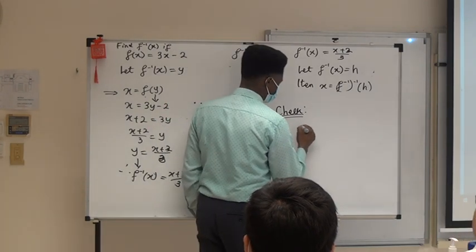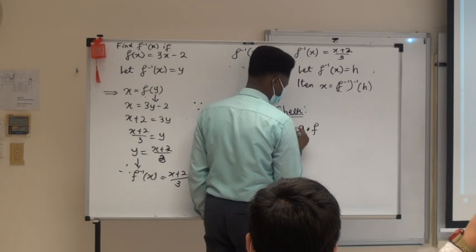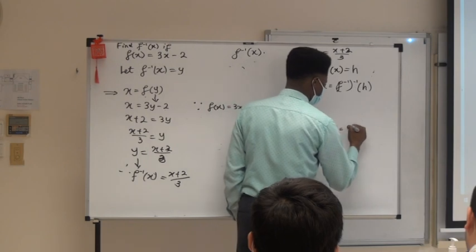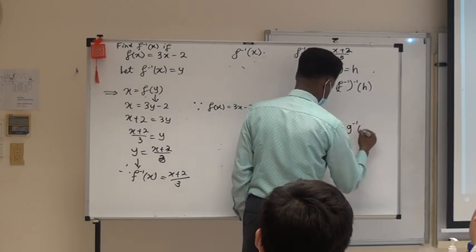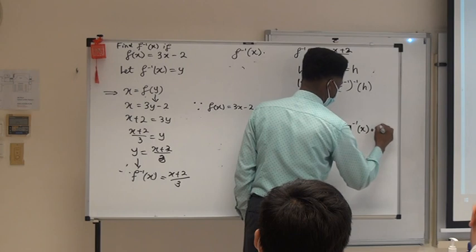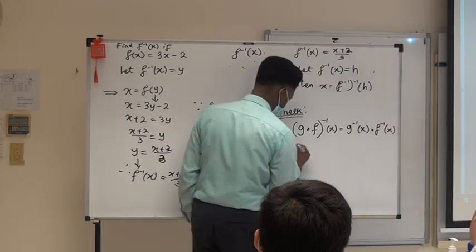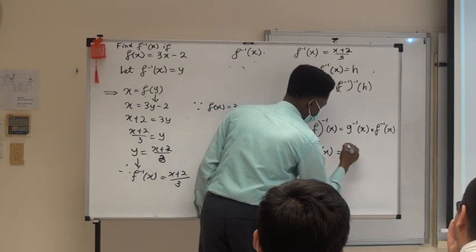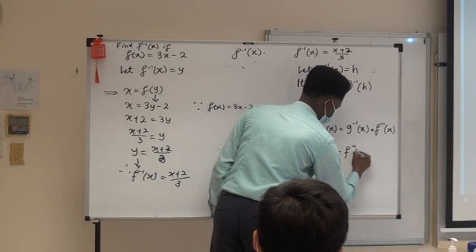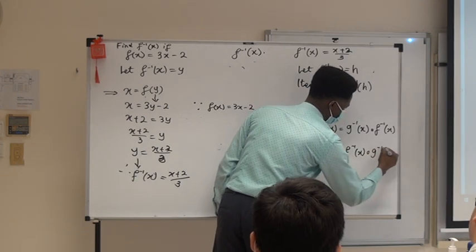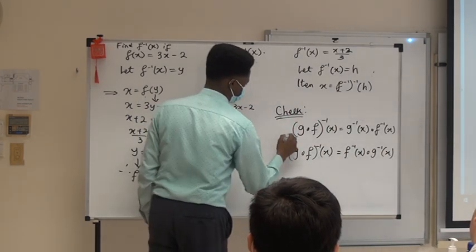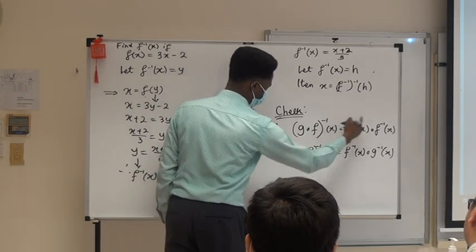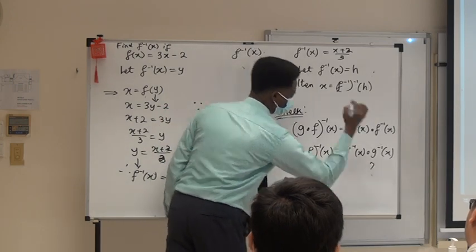I want you to check: G composed with F, if you find the inverse, can we say it is G inverse composed with F inverse, or is it F inverse composed with G inverse? Which of them? Is this equal to this or is this equal to this?